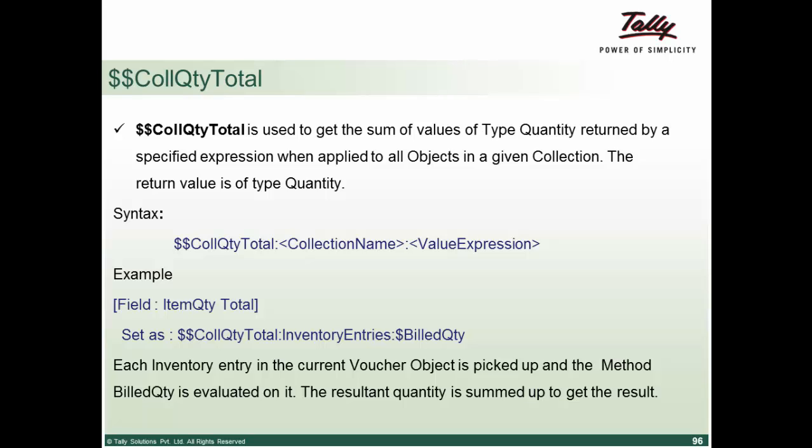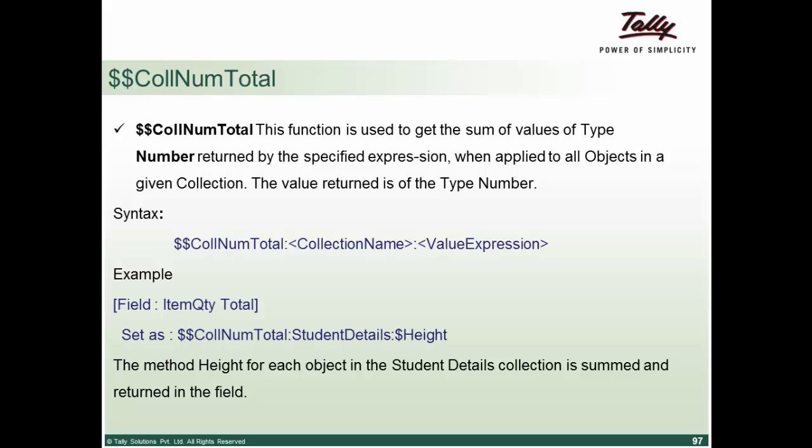Please note that the totaling of the quantity can be done only if the unit of measures are same. And for numbers, we have call num total. So this function is used to get the values of the type number returned by the specified expressions, which will be applied to all the objects of the collection, and the value that it will return will also be of type number.